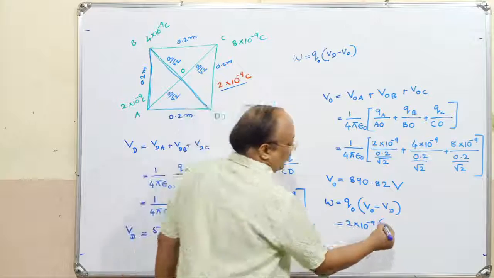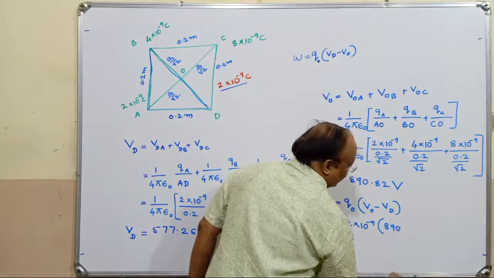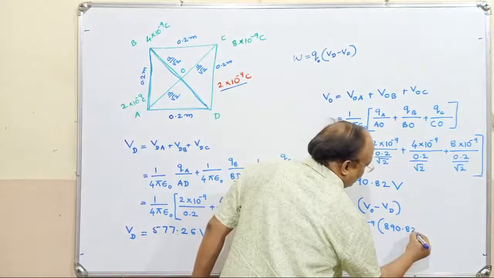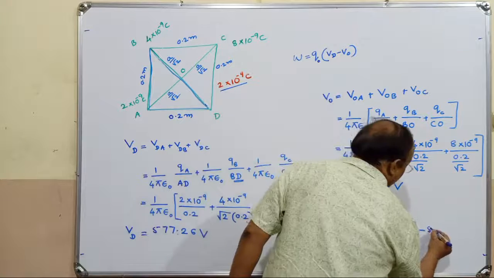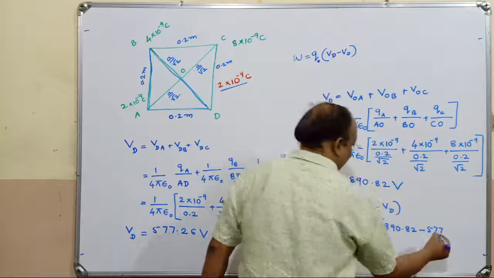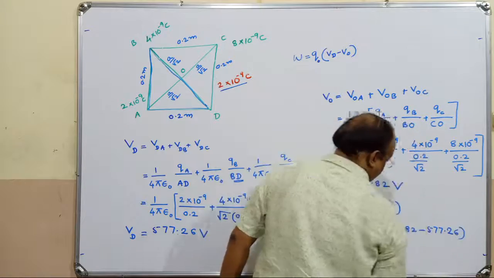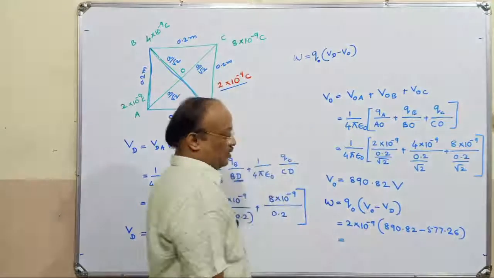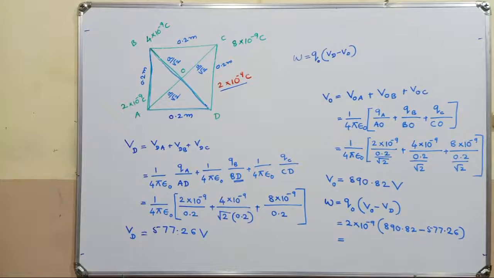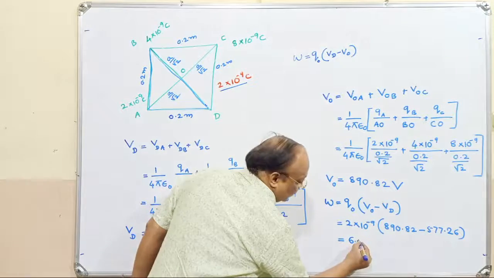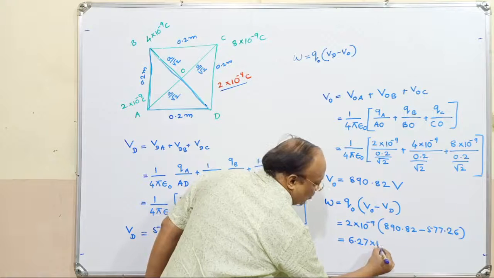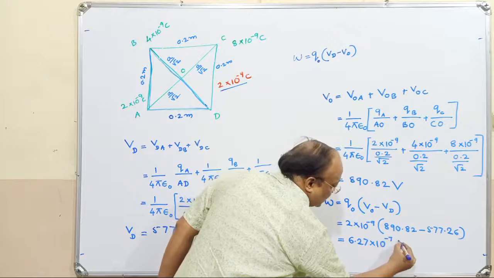What is the value of VO? 890.82 minus 577.26. So calculate it. If you calculate, you will get 6.27 into 10 to the power of minus 7.